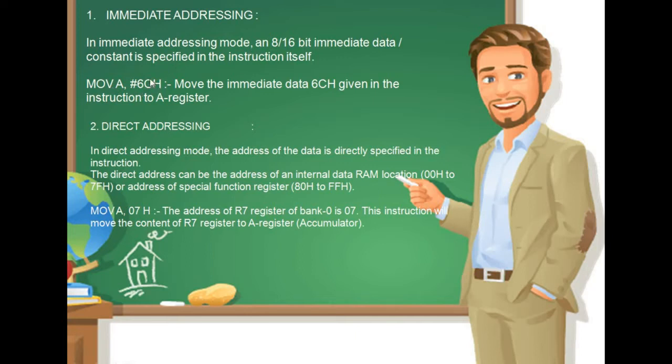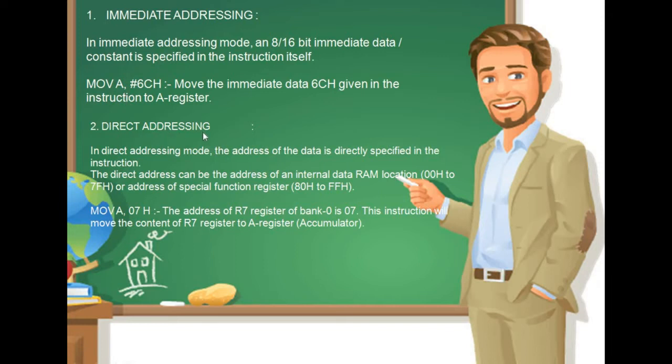That means it is an immediate data, and this immediate data will be moved to the accumulator. There is no address or specific memory location here. It is an immediate data, and this immediate data will be copied to the A register.